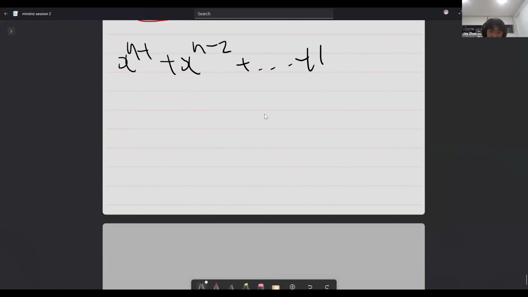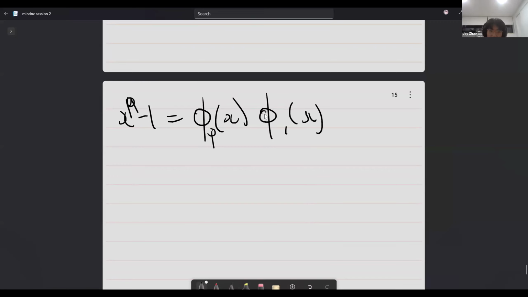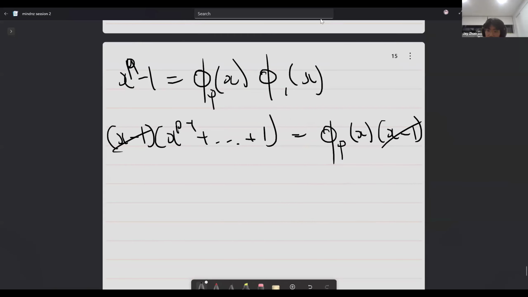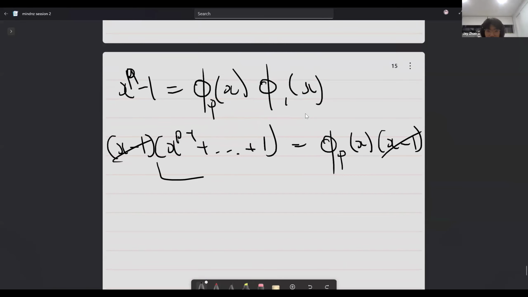In the case where n is a prime p, you just have x^p minus 1 is equal to phi of p times phi of 1, and then you can factor this out, and so you see that the pth cyclotomic polynomial when p is a prime looks like this.